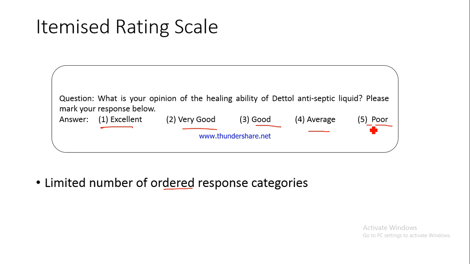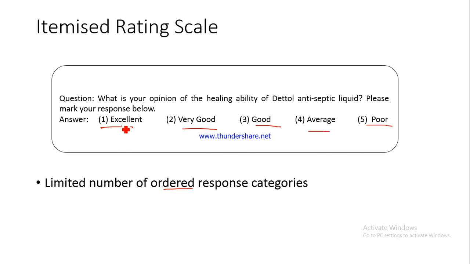Not like that. It is gradually moving from the highest possible rating to the lowest possible rating: from excellent, a highly positive rating, gradually to a slightly lower positive rating like very good or good, and then to a negative rating like poor. This is what we mean by ordered response categories.